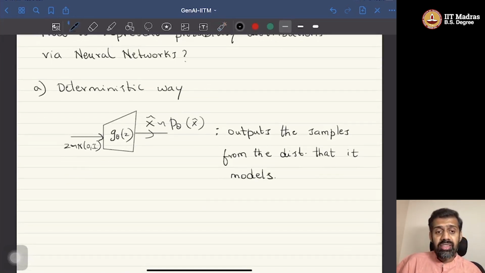Another example of this is a classifier.